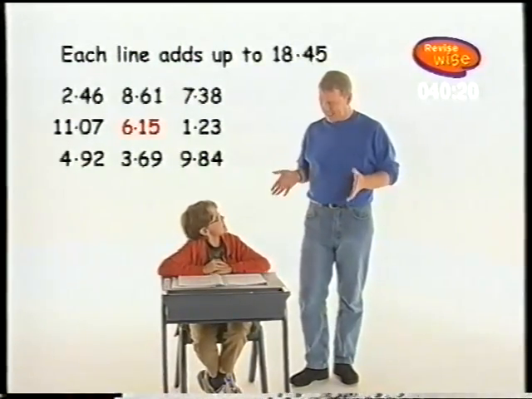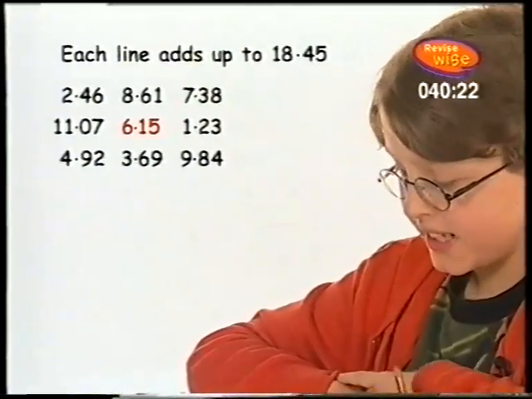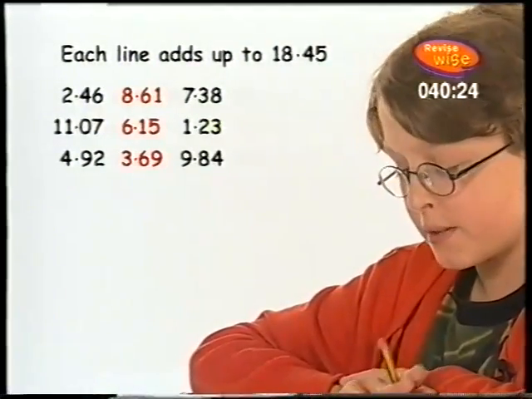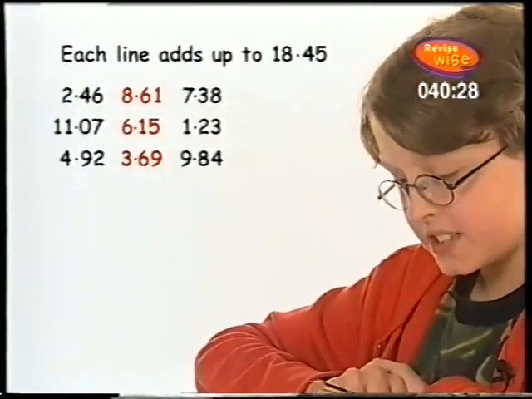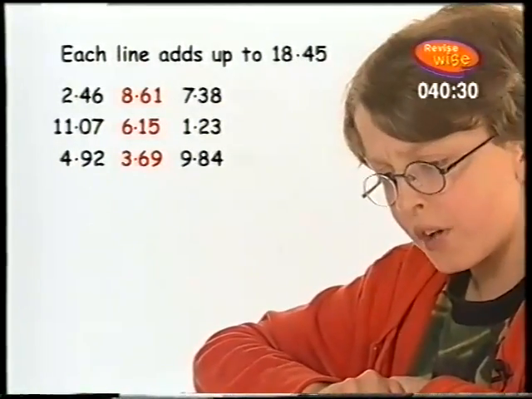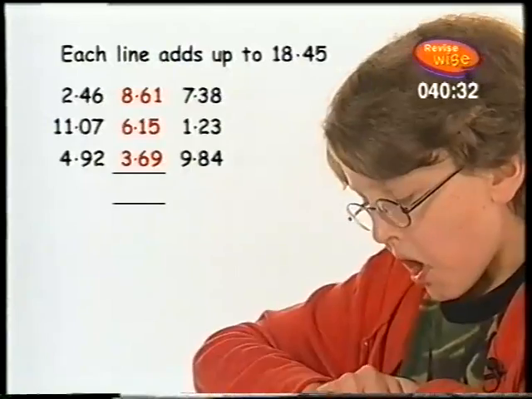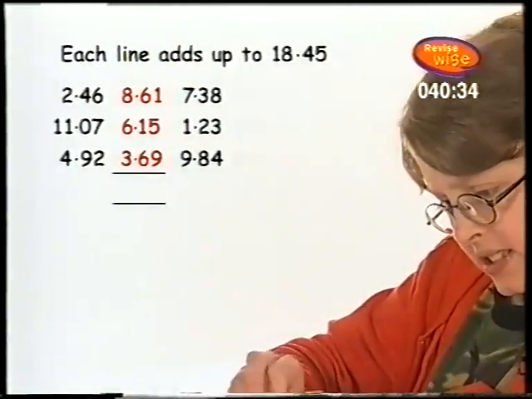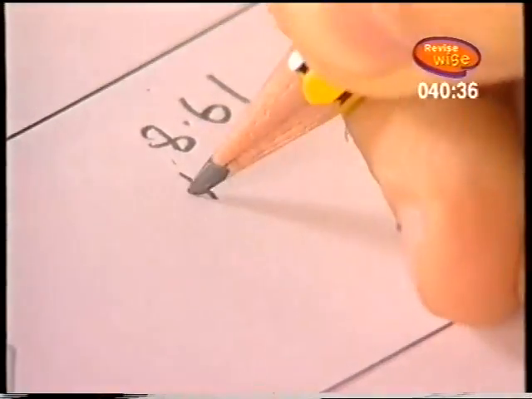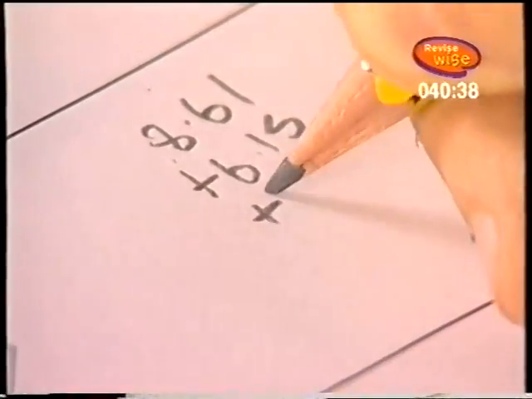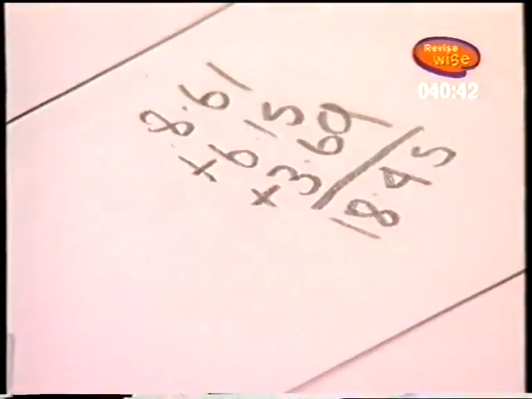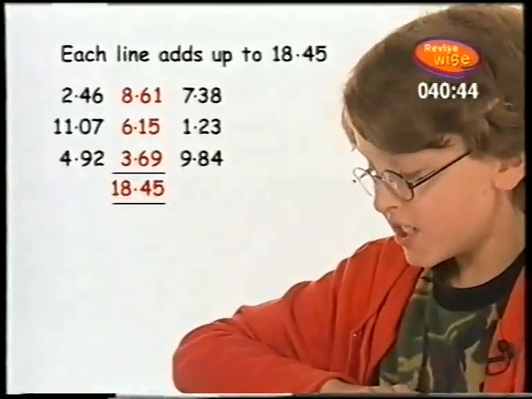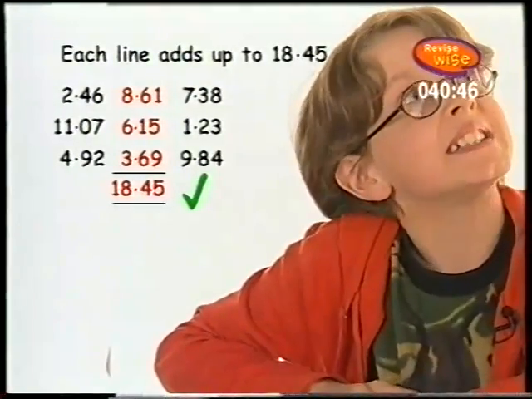And how about checking that answer? Oh yes, I can add up the line of numbers down the middle of the square to see if they come to 18.45 as well. Let's see. 8.61 plus 3.69 plus 6.15 equals 18.45. So my answer must be right.